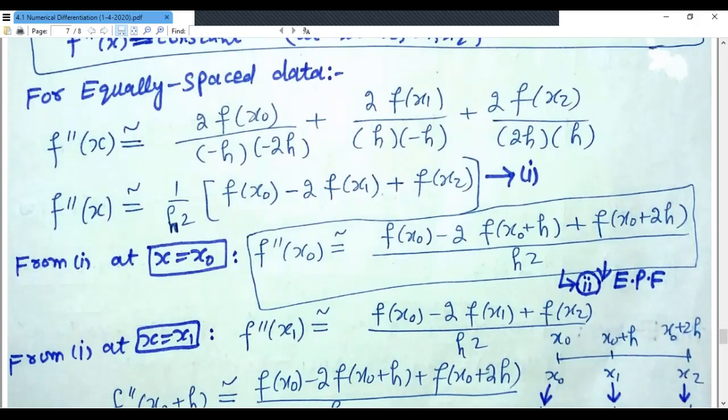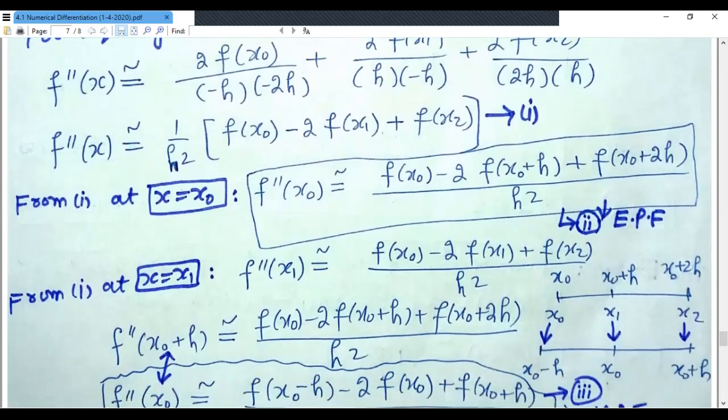Formula number 1 is the double derivative of f at any x. We have x naught, x1, x2 here. If we use the information from equally spaced data, which is x1 equal to x naught plus h and x2 equal to x naught plus 2h, this is the endpoint formula for the second derivative.